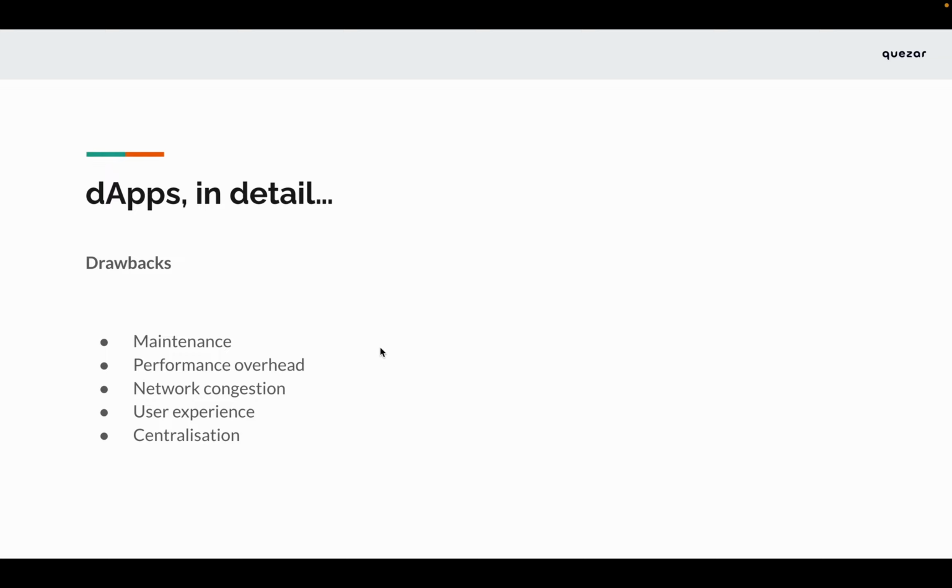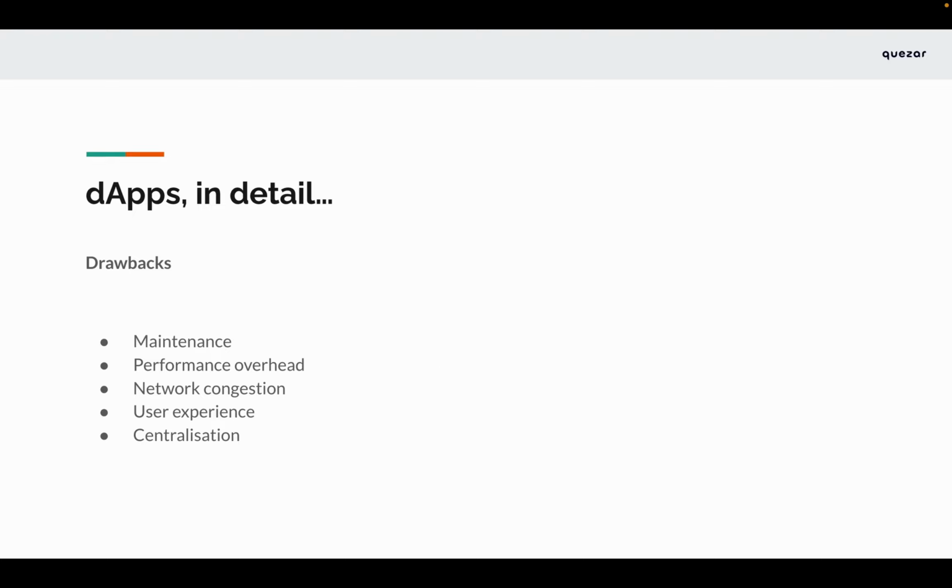So you can only imagine all of the activity happening on the Ethereum network is stored by multiple nodes locally. As the activity on the Ethereum network grows, the amount of data that needs to be stored with these nodes would also increase exponentially. This is the reason why the concept of full nodes, archival nodes, and light nodes was brought in. Another drawback with dApps is network congestion.